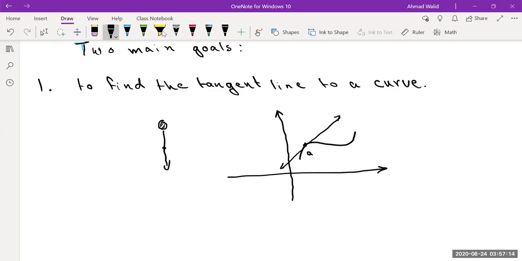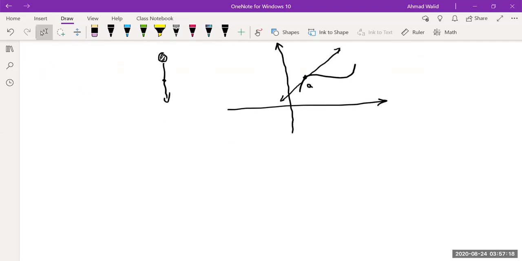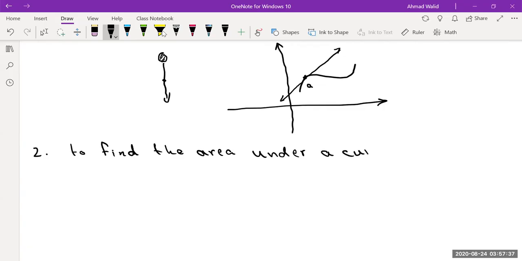That's the first branch. Our second concern, or our second goal in calculus, is to find the area under a curve, maybe between 2 points.